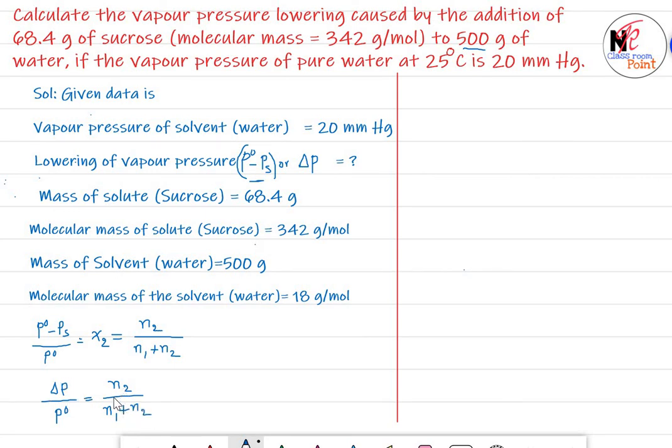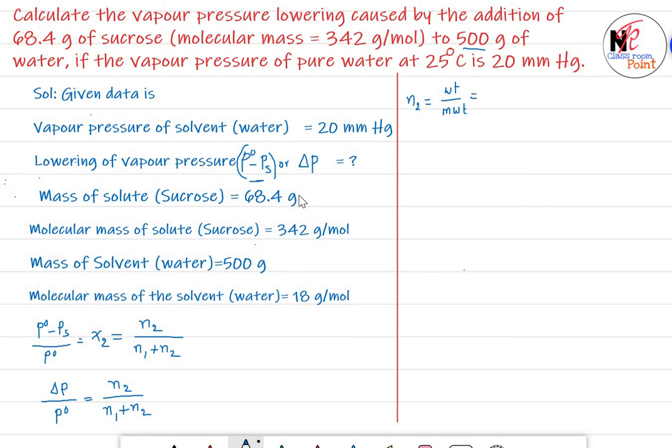These also have to be calculated, because their respective values are given, but not in the form of number of moles; rather, the weight and molecular mass are given. So we need to calculate these two values also. Let's calculate the number of moles of the solute. The solute here is sucrose. The formula is number of moles of solute equals weight of solute divided by molecular weight of the solute.